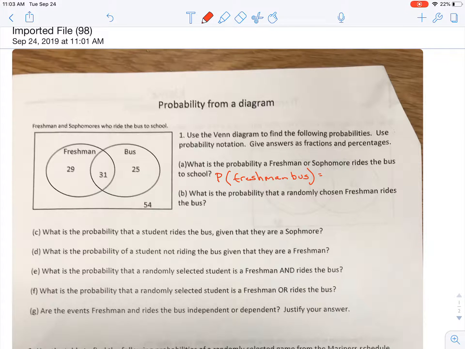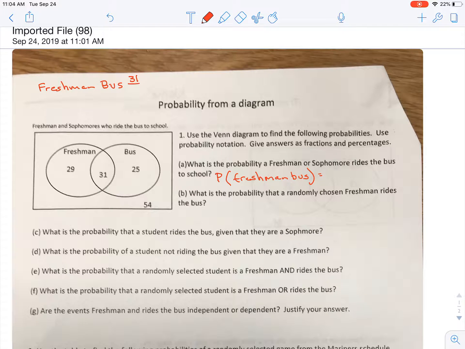So I am going to do freshman bus is 31 out of the total. Okay, so we now have to figure out what the total for this problem is.